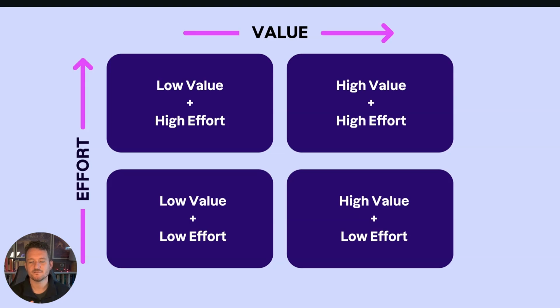But for the benefit of today's video, we have this matrix that shows you as effort increases and value increases, you can see how they combine. When we're looking at this in terms of AI use cases, some AI use cases are really low effort. You just turn on the chat, maybe you connect to the internet, and you start asking questions.